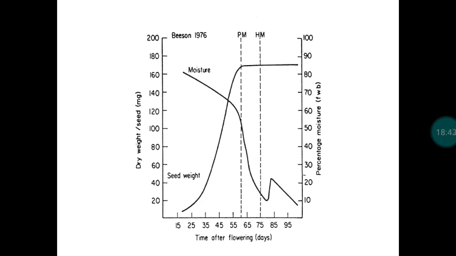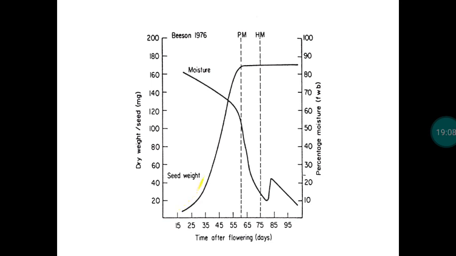So this is in the case of barley. You can see that from the 15th day after flowering, the mother plant started to transfer storage food material, that is, dry matter accumulation is initiated.